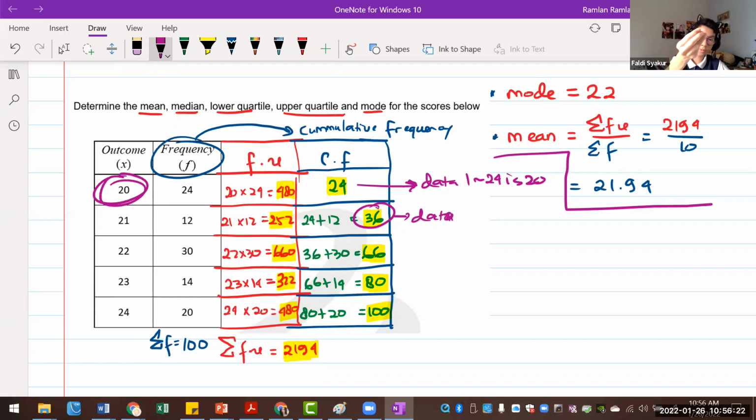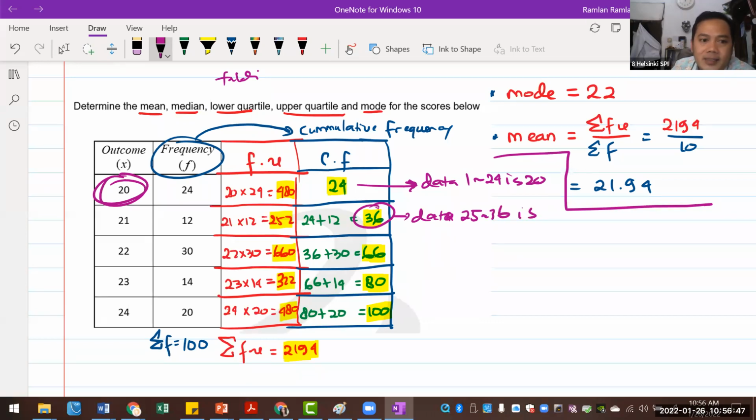It goes from data number 25 until 36. Okay, nice, very good. Yes. Okay, guys, because we know that data number 1 until number 24 is 20, it means that the next data will be data number 25, right? So which means that data number 25 until 36 is 21.